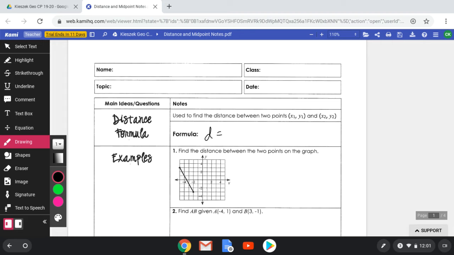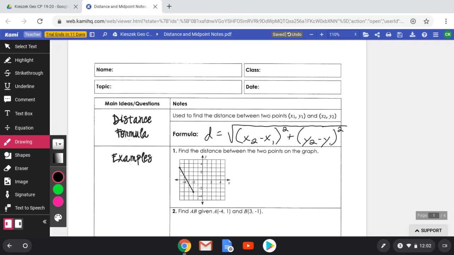d equals the square root of x2 minus x1 squared plus y2 minus y1 squared. Now with this, you would then just plug in your points for x and y and solve for the distance.